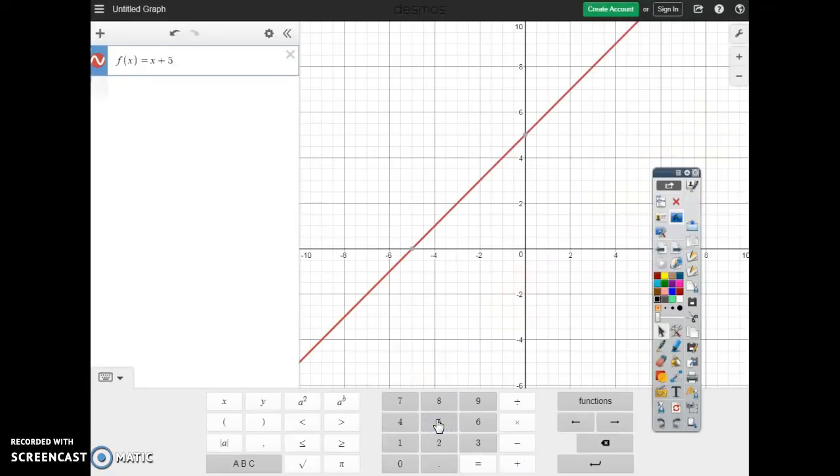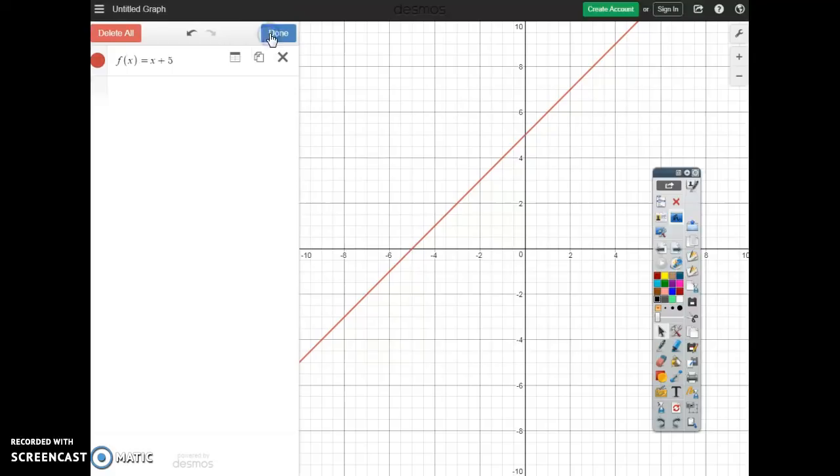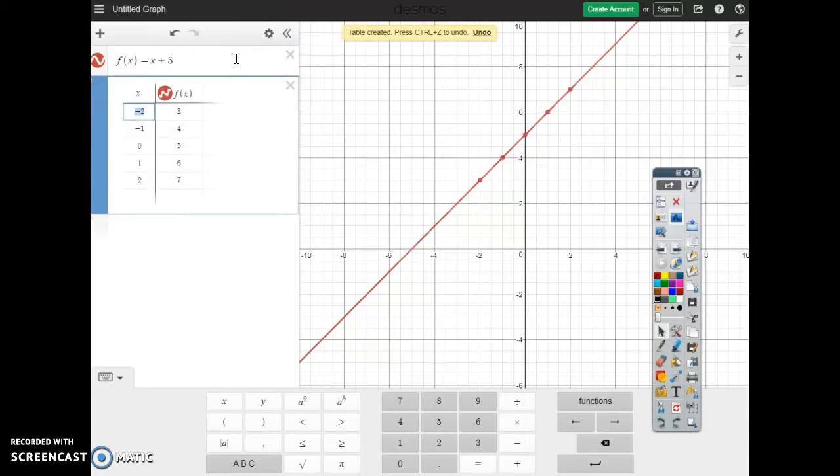Okay, and then we need the table. So remember, hit the settings and the table. And I'm looking for the numbers -6, -1, and 4.